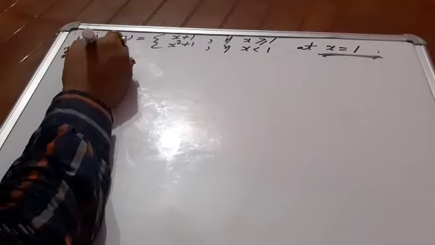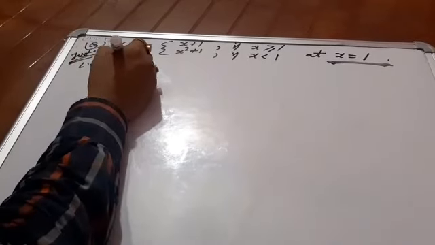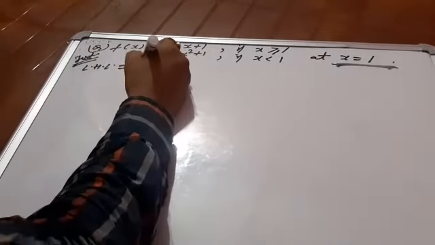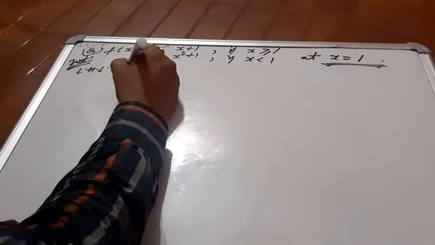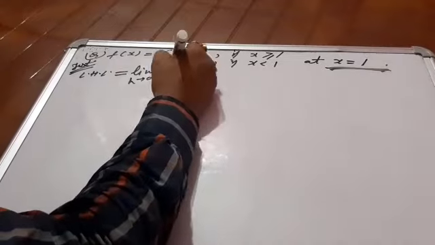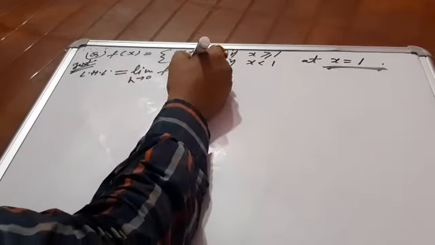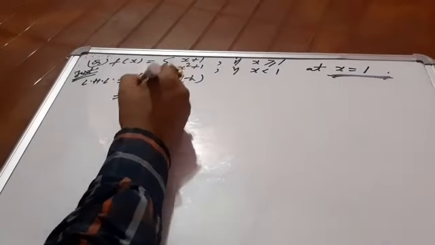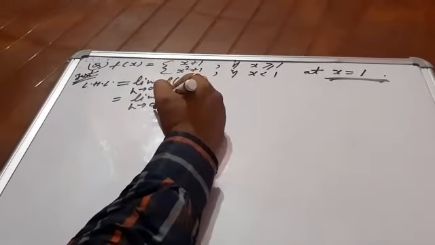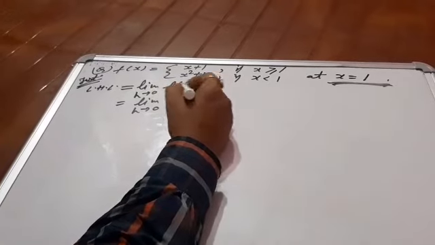First thing is your LHL, left hand limit. Then observe it properly. Limit h tends to 0, f of 1 minus h. At the very next step, limit h tends to 0 will remain the same. Use the value of the function.